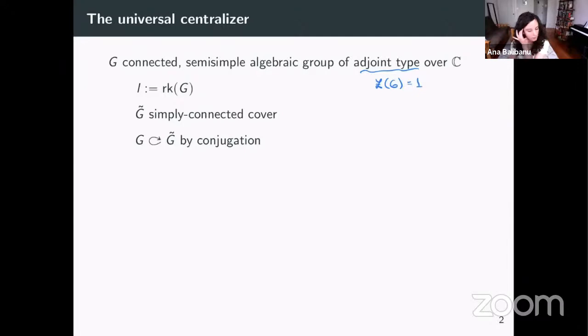So if you want, basically for this entire talk, you can pretend that this group is PGL_N(C). And then I fix some data about it. So L is going to be its rank, and G tilde will be its simply connected cover, which you can imagine is SL_N. And then I have a natural action of the adjoint group on the simply connected group just by conjugation.